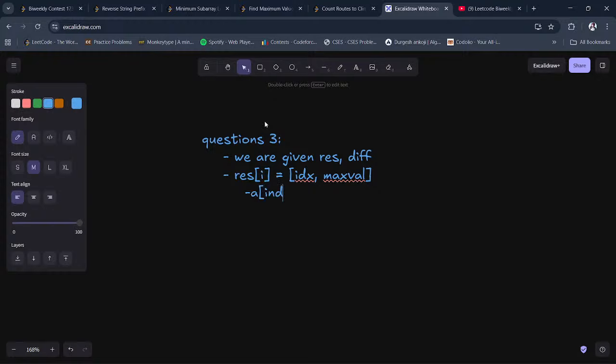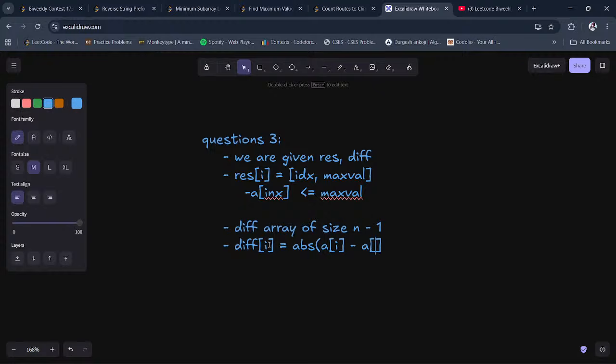So a of index should be less than or equal to max value. This is the condition, and we are given a difference array of size n minus 1. This makes sense, right? Why is it n minus 1? Because we are finding the absolute adjacent difference, right? So difference of i is nothing but the absolute value of a of i minus a of i plus 1.